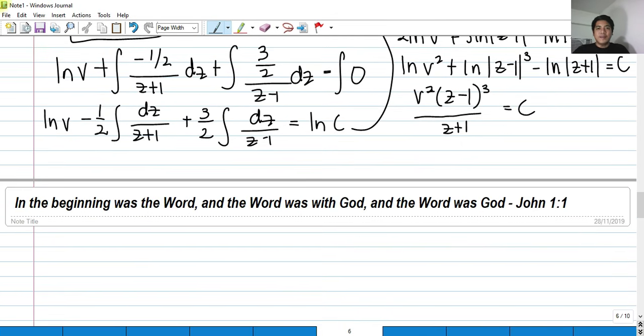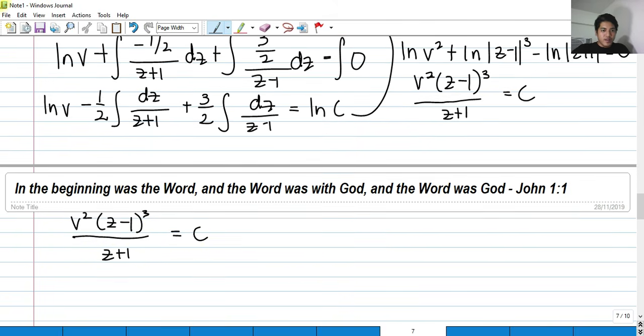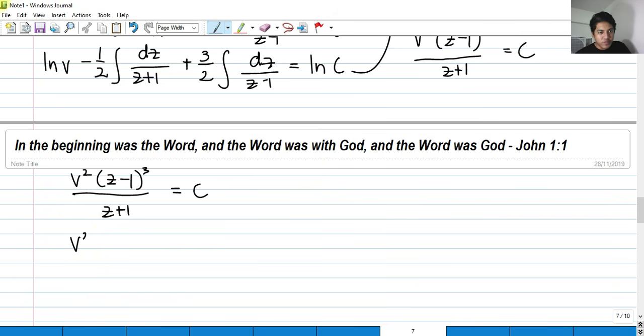Let me just rewrite: b squared multiplied by z minus 1 cubed over z plus 1 is equal to c. If I cross multiply, b squared times z minus 1 cubed is equal to c times z plus 1. Now we need to substitute the variables back to their original form.